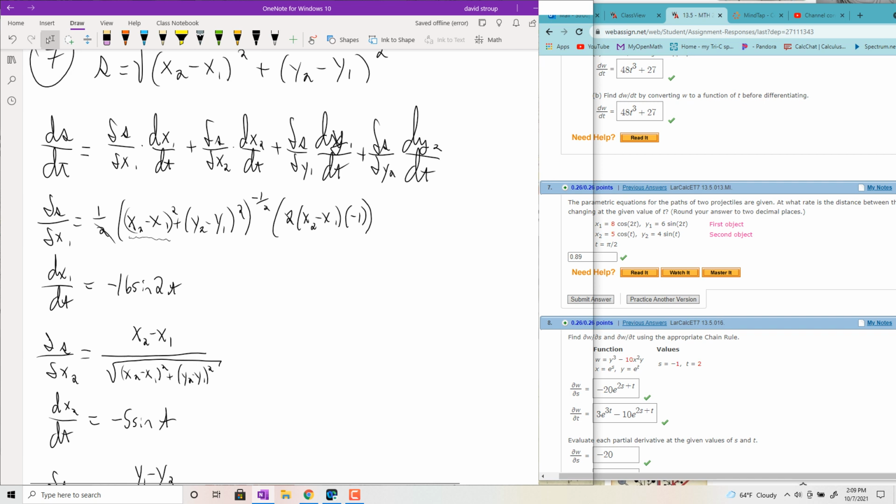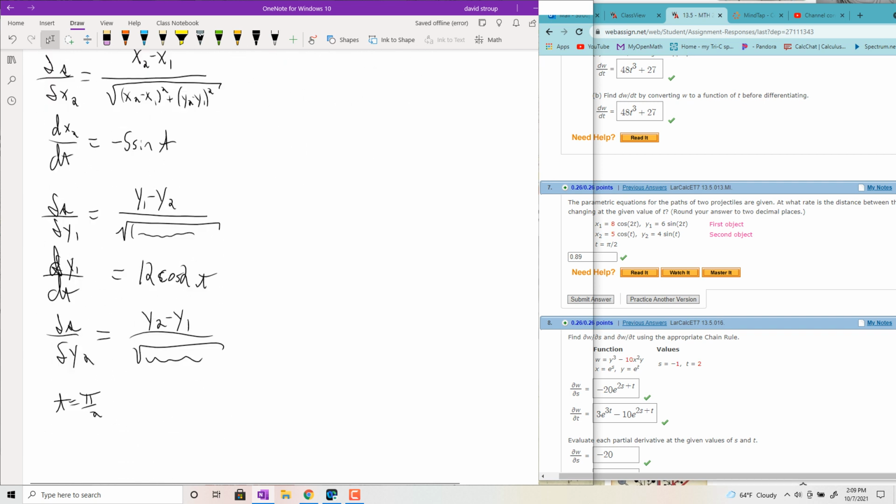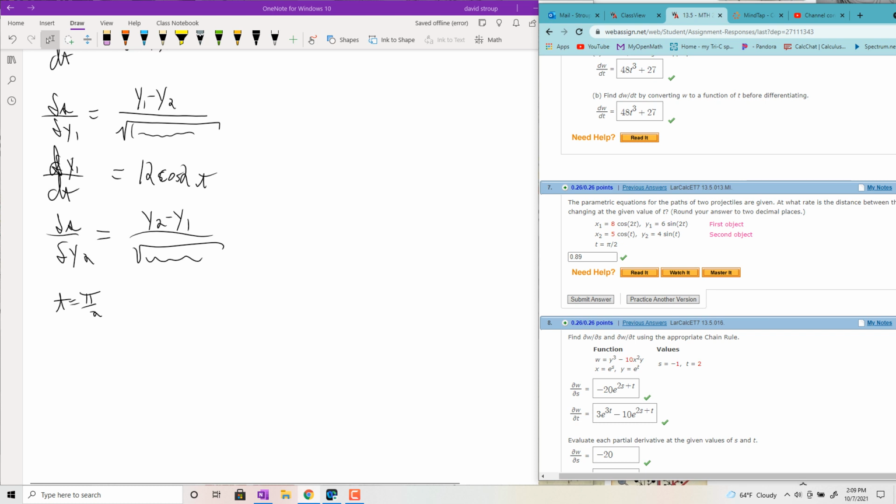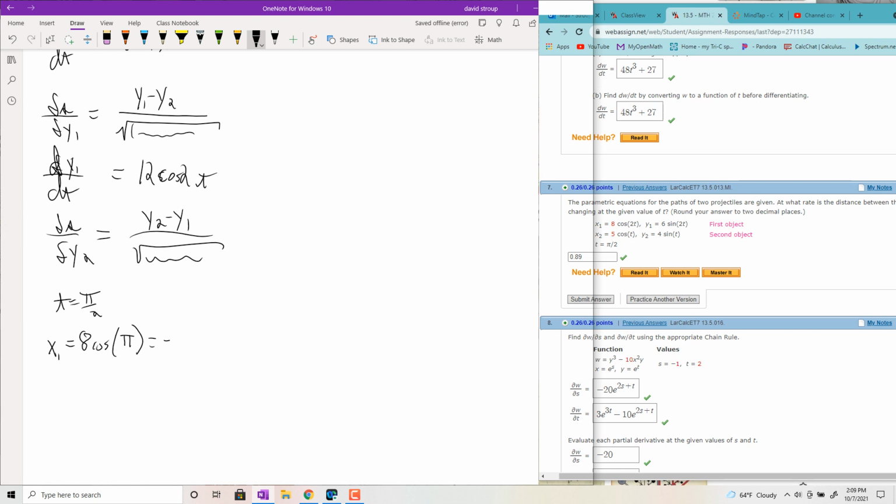Note we want t to be pi over 2. So I'm going to go through and evaluate all of these at pi over 2. I better be evaluating the x1, x2 stuff. So x1 is 8 cosine of 2 times pi over 2, which will be pi, so that will be -8. x2 is 5 cosine of pi over 2, that's just 0. y1 then is 6 sine of 2 pi, that would be 0, and then y2 will be 4 sine of pi over 2, which is 4.